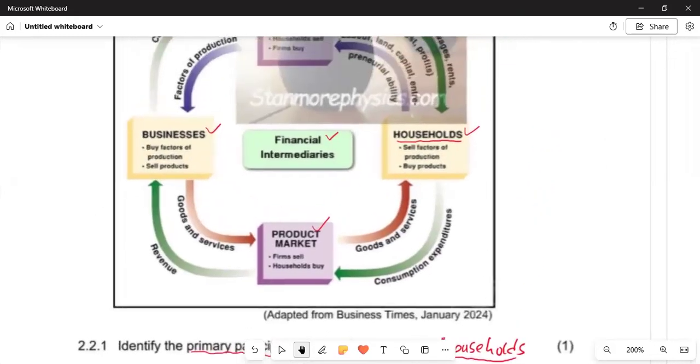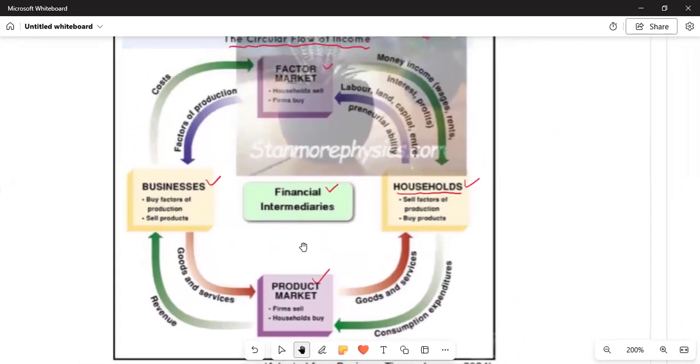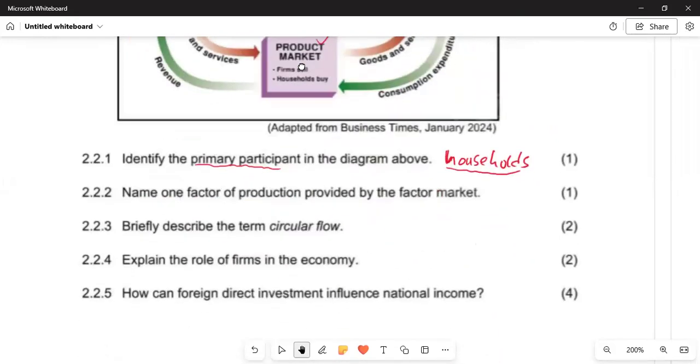This is our factor market, and we want to know the factor of production it provides. So now we are to answer it. Question 2.2.2: we can talk about labor.